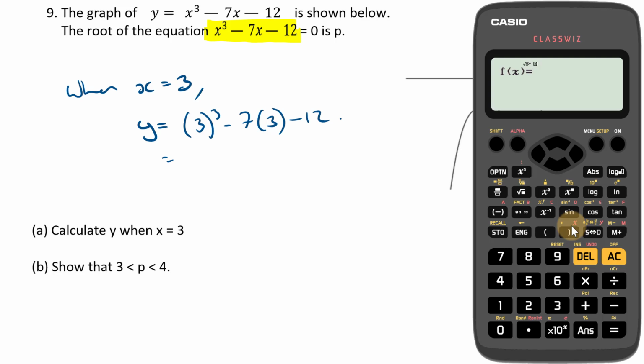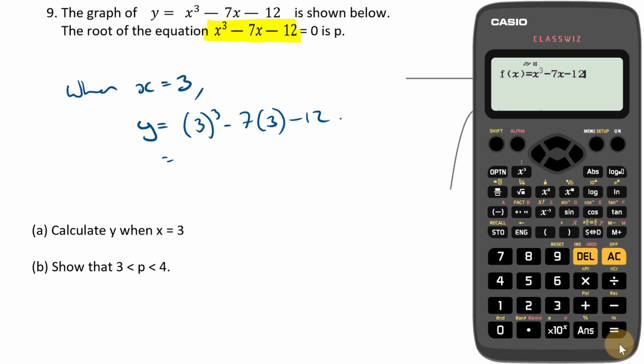So to type in x cubed, I'm going to press alpha x to get that x up, and I'm going to press the cube button, x cubed. Then I've got minus 7x, so subtract 7. I'm going to press the alpha button again to pull up the x again, so minus 7x, and then minus 12 on the end. So that's my function. It's x cubed minus 7x minus 12.